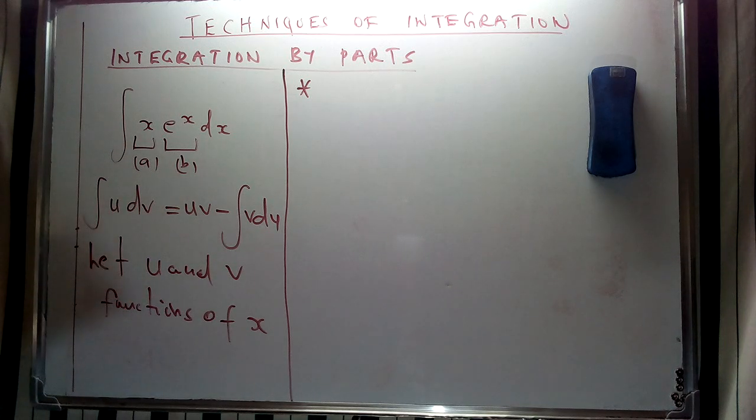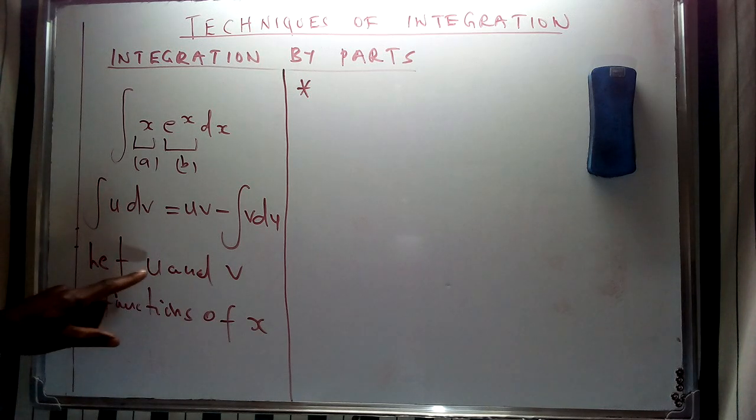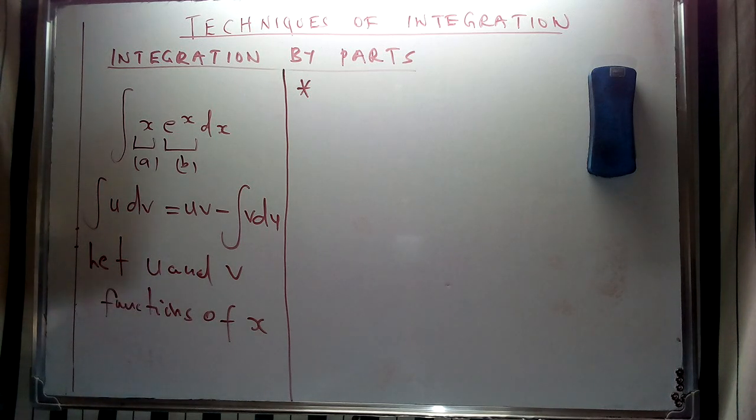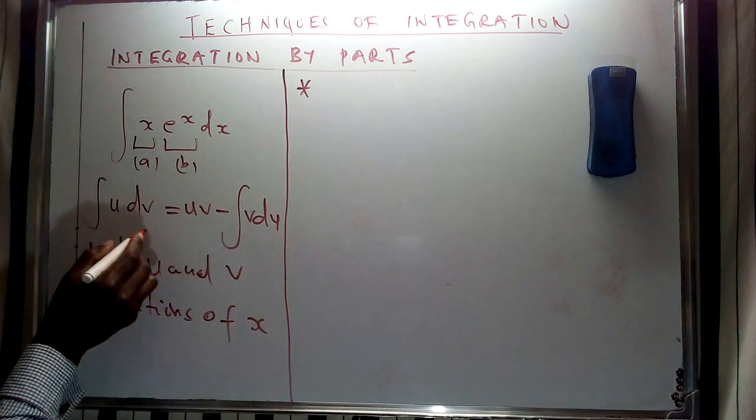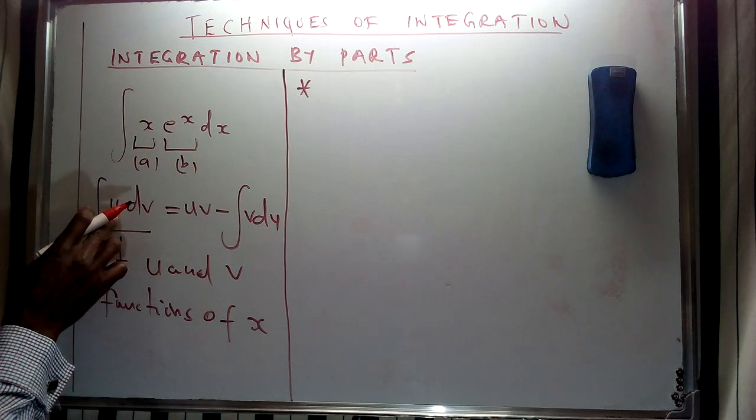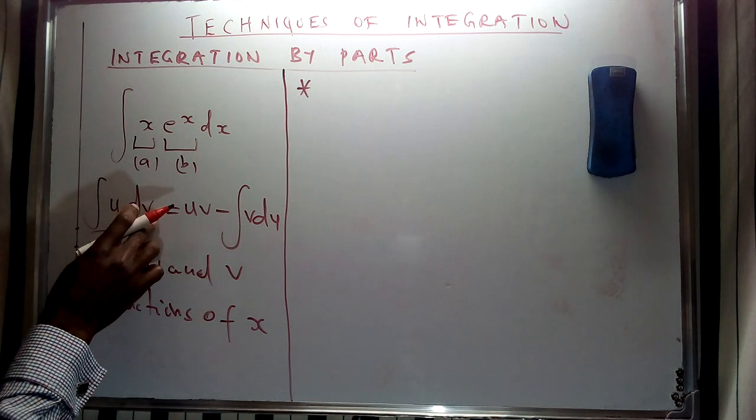The second one we consider the more complicated part of the expression, and we treat it using the basic integration formula. I leave u as the remaining part. So u is going to be the simpler part and dv is going to be the complicated part.